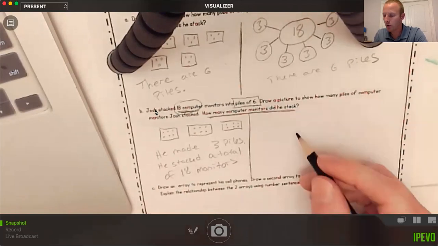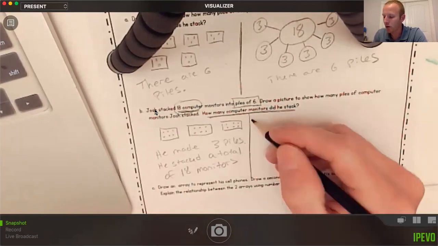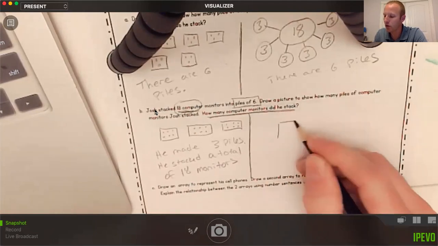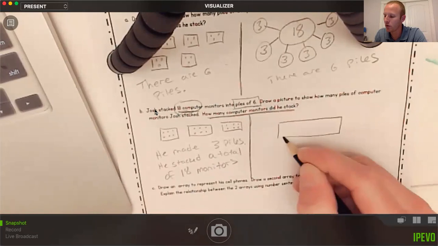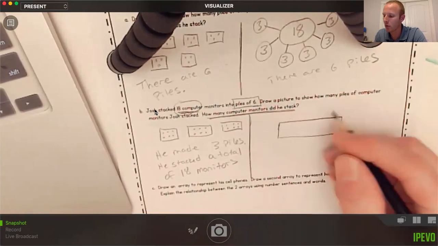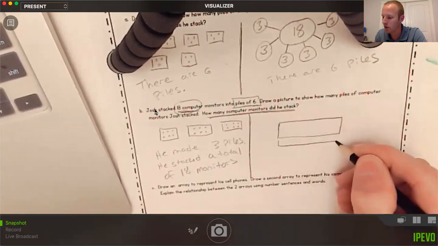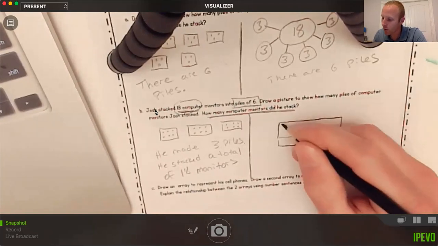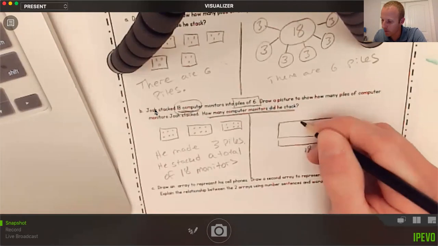And on the other side here, I'm going to draw a different picture just to show you that there are other ways to do this problem. In this case, I'm going to draw a number bond. So I know my total is 18. And I know that there are 6 in each pile.